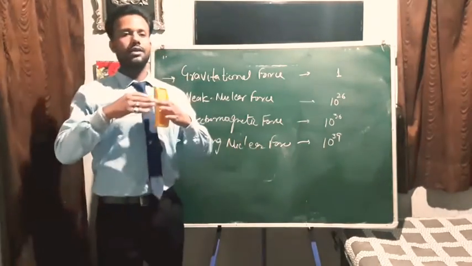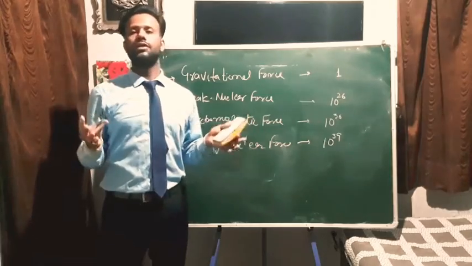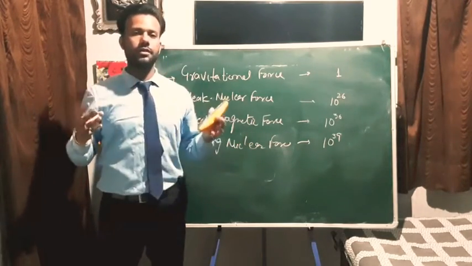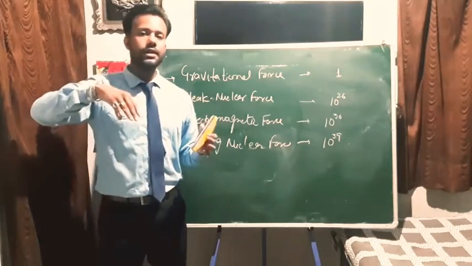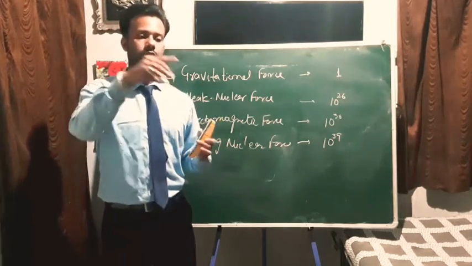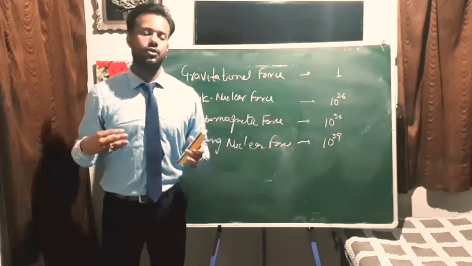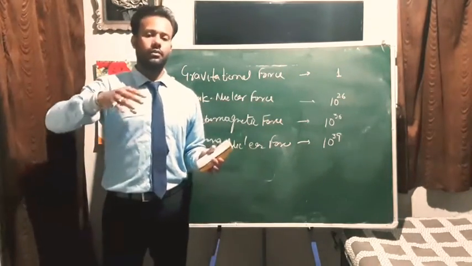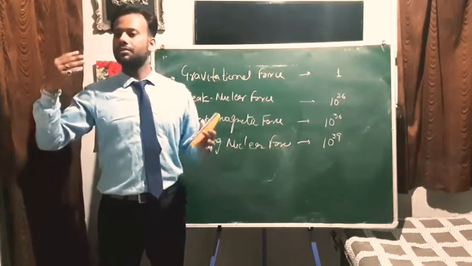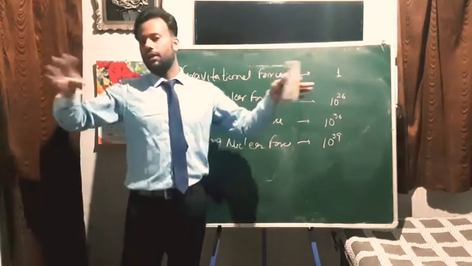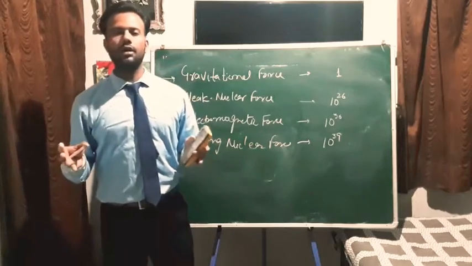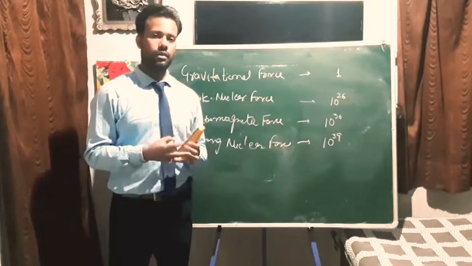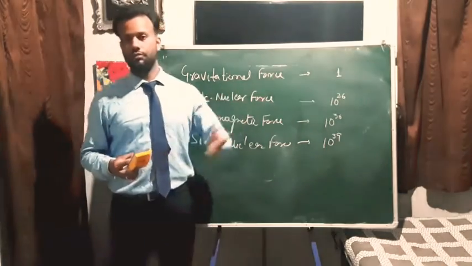Now, if the sun is dislodged from its position, then obviously what will happen to the solar system? The whole solar system is in place due to the attractive force between the sun and the planets. So if the sun flew away, then obviously the planets and the satellites will also fly away, right? So that means the entire universe will fall apart. That is why the gravitational force is so important.